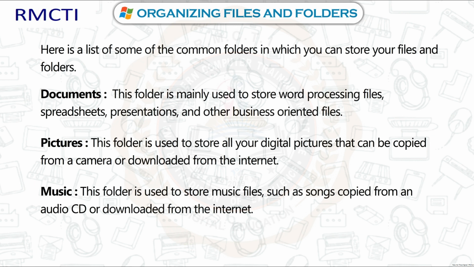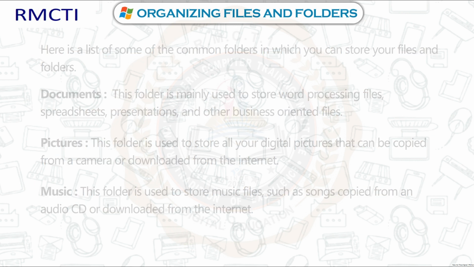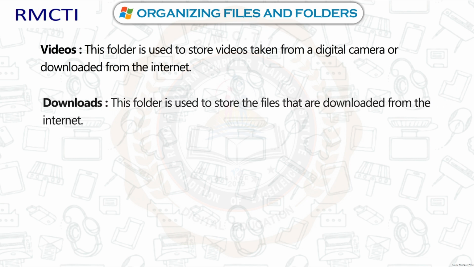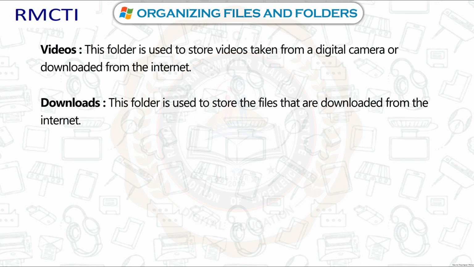This folder is used to store music files such as songs copied from an audio CD or downloaded from the internet. Videos. This folder is used to store videos taken from a digital camera or downloaded from the internet. Downloads. This folder is used to store the files that are downloaded from the internet.